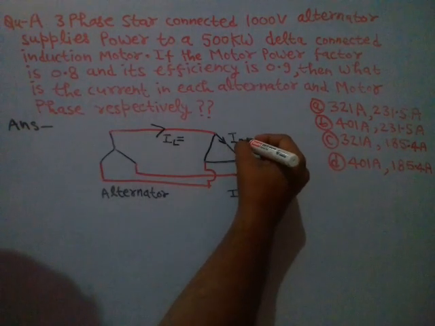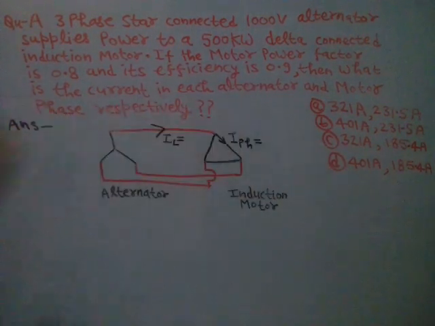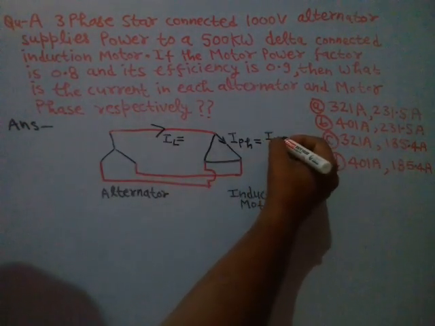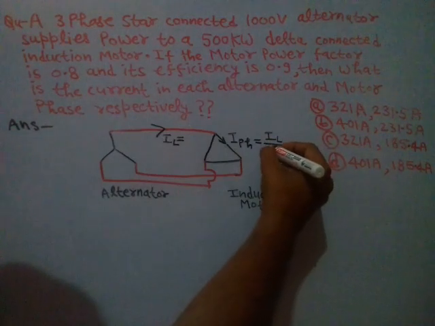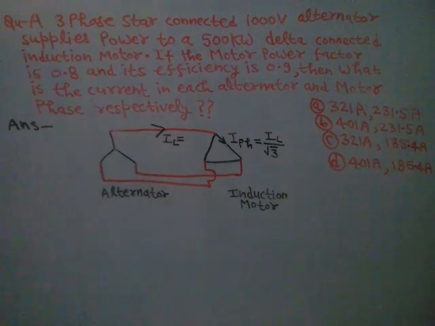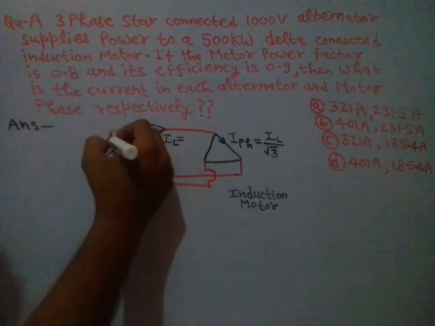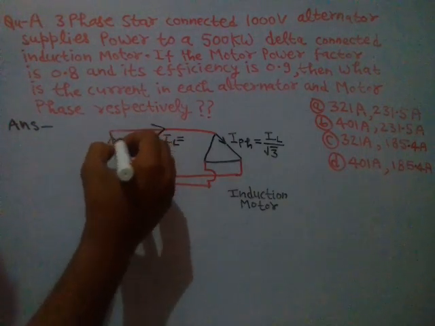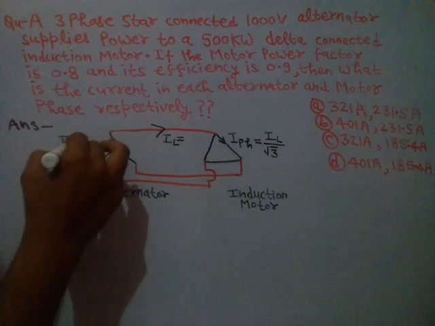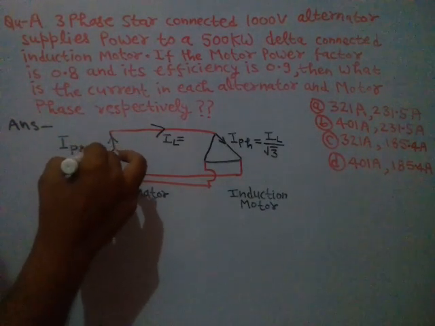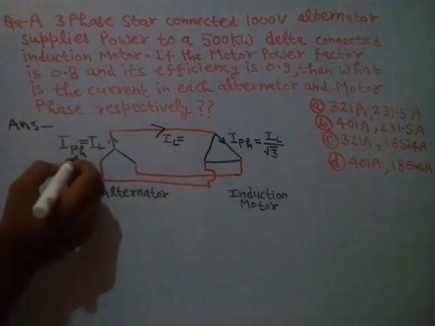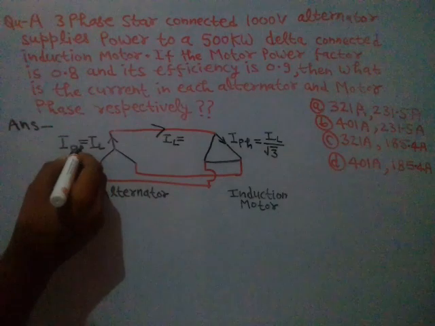Phase current is basically line current divided by √3 for delta connection, and for the star connection the phase current will be the same as the line current, because for a star connection line current and phase current are both the same.